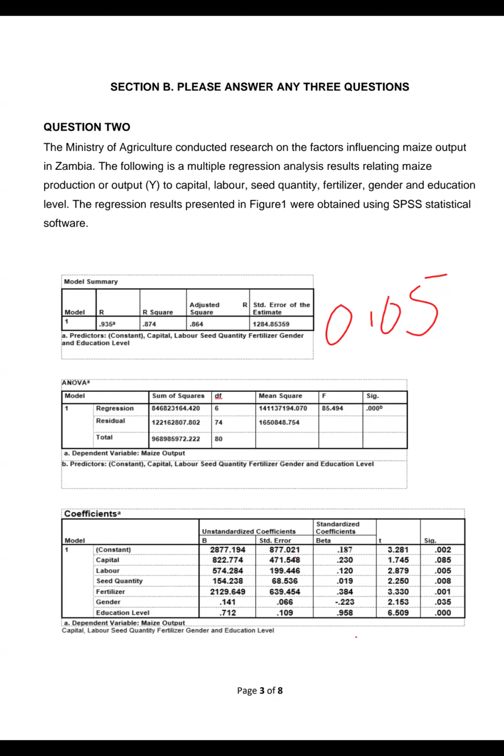We can start with capital. Is capital statistically significant?